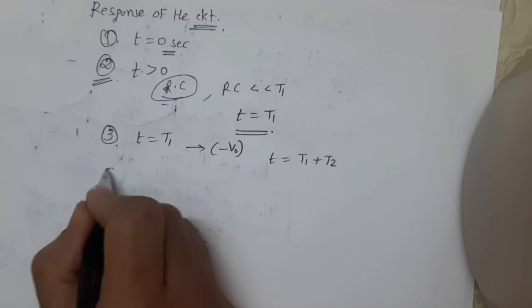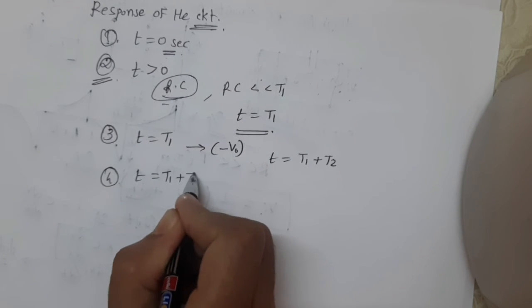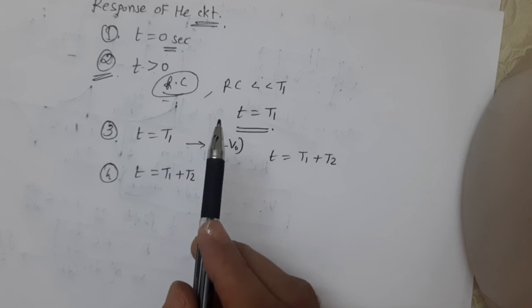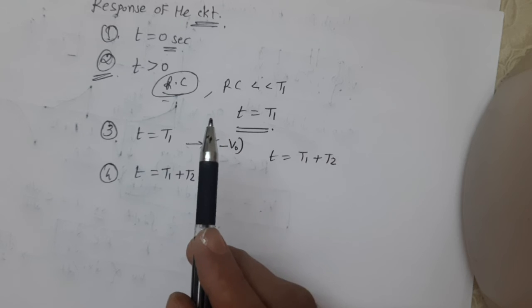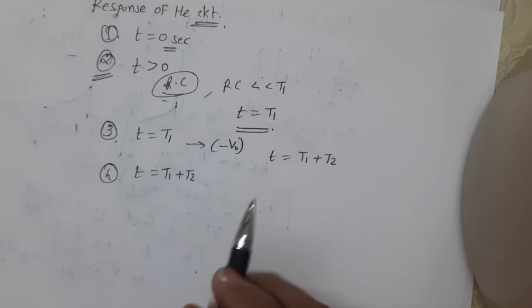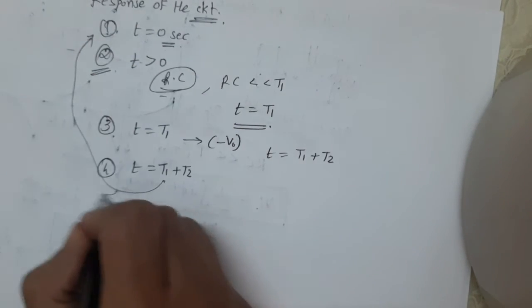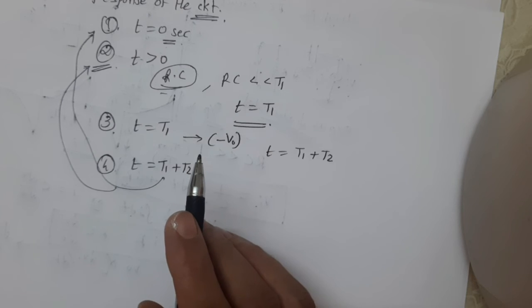But at the fourth condition, t equal to T1 plus T2, a positive step voltage is input to the circuit, and the state of affairs is like the first and second conditions, and this process repeats.